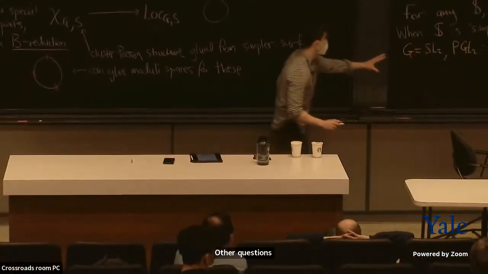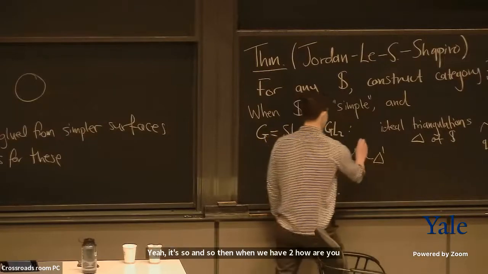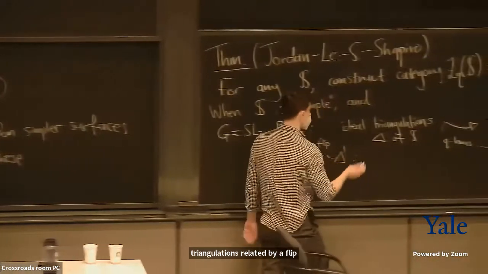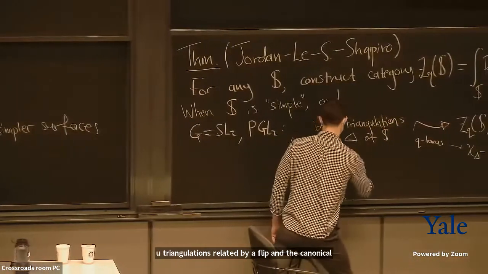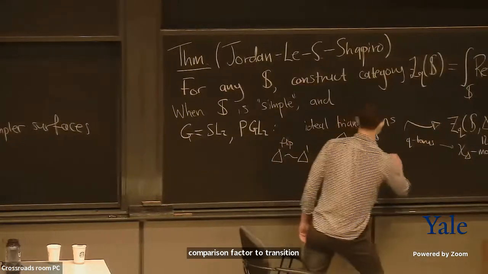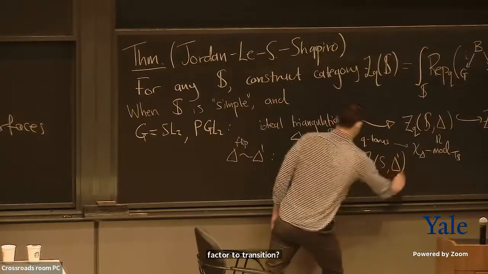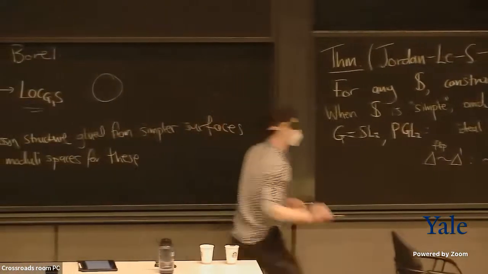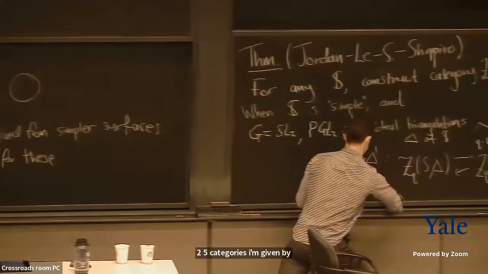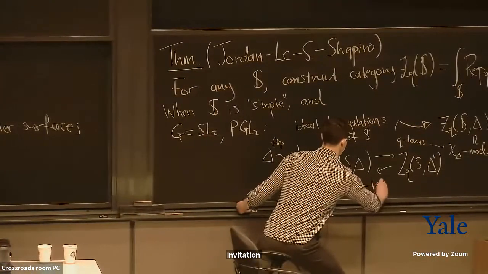Yeah, good. So, right, when we have two ideal triangulations related by a flip, then the canonical comparison functor, transition functor rather, between these two open subcategories is given by mutations of quantum tori.